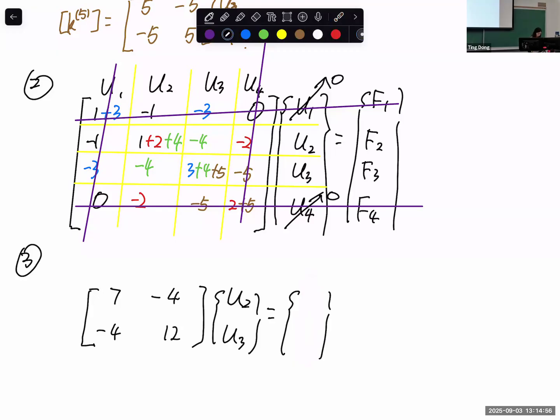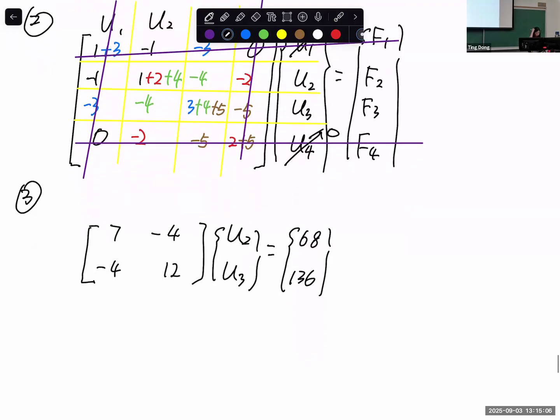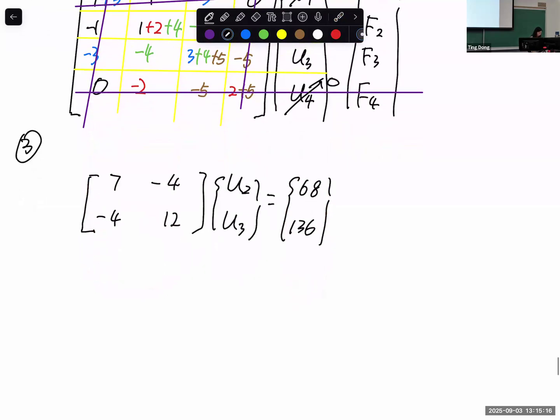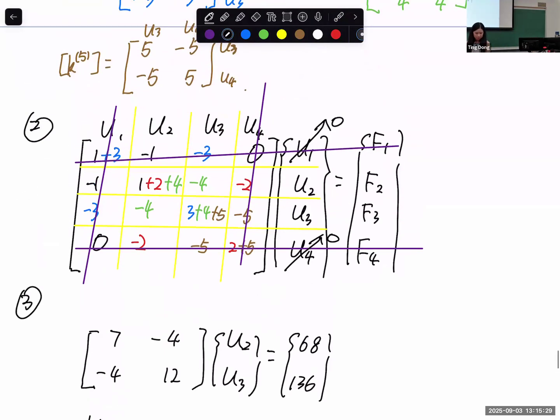Yes, thank you. Of course I will skip the actual calculation part: you calculate the inverse of this times this, and you get U2, U3. So I will give you U2, U3 directly. If you have a question, you can ask me. Yeah, sorry, what's the question?